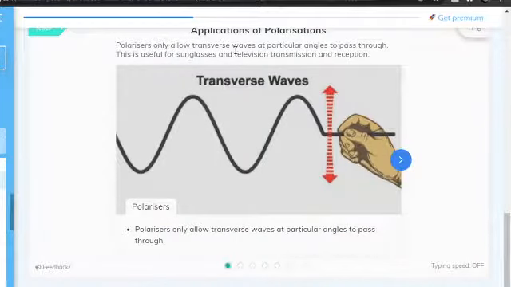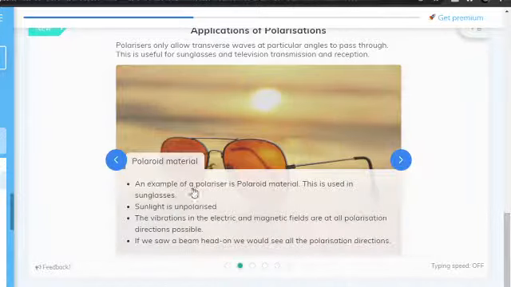Application of polarization. Polarizers only allow transverse waves at particular angles to pass through. This is useful for sunglasses and television transmission and reception. Polarizing materials: an example of a polarizer is Polaroid material.